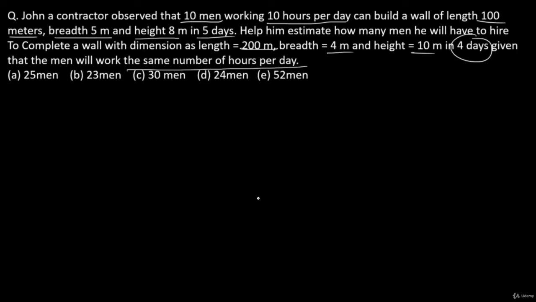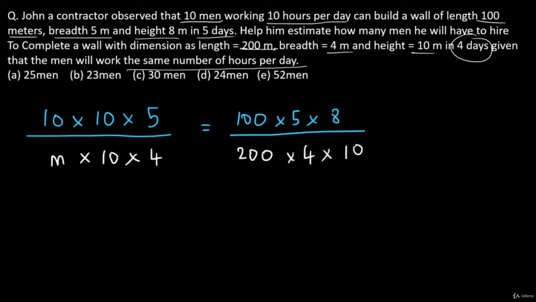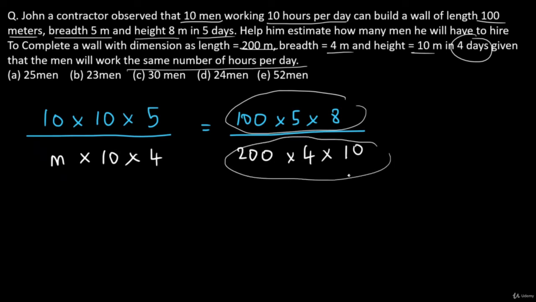of hours per day. Alright, now over here we know that the ratio of the volume of the two walls will be equal to the ratio of the man hours. That is, we can say that 100 into 5 into 8, that's the initial volume, divided by 200 into 4 into 10, that's the final volume, will be equal to 10 into 10 into 5, right?